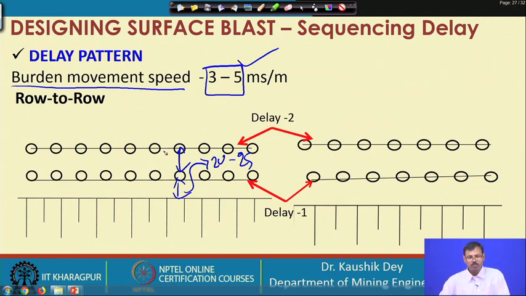This is essentially required for another purpose. The delay should not be very high, so that the first row is dispersed and the second row has not moved at all.